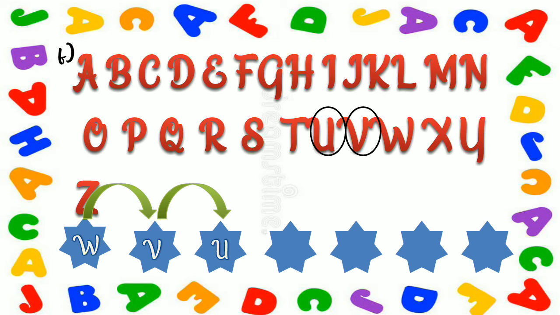Okay, now which is the next answer, or which letter comes next? So it's a T. It's a T because here we see U before T. So here our answer is T. So here we write T. Okay, now which is the next answer?